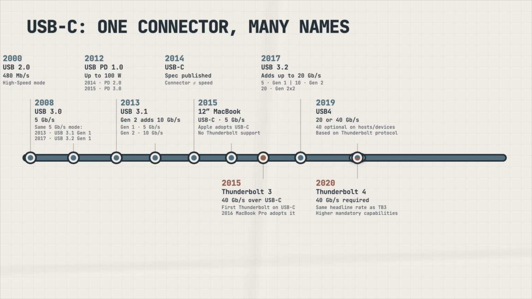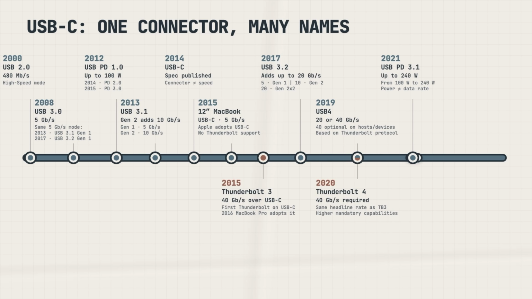So USB 4 and Thunderbolt 4 could use the same connector and advertise the same maximum speed, whilst guaranteeing very different capabilities. Power Delivery 3.1 raised the charging ceiling from 100 watts to 240 watts in 2021. But once again, a cable's power rating told you nothing about its data speed.